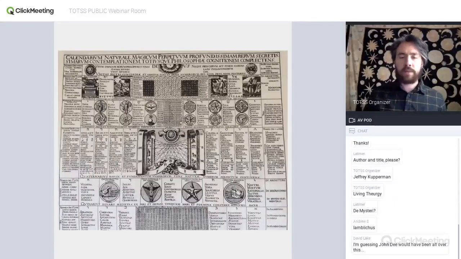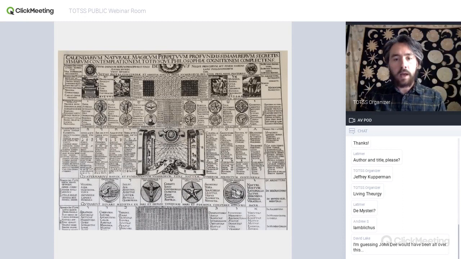As I was mentioning at the beginning, as the Renaissance is ending, the idea of correspondences is largely rejected in favor of what becomes the scientific materialist worldview. And when correspondence is rejected, this is when what we can really call an esoteric tradition is formed, out of a lot of the things that are rejected by the Reformation, Counter-Reformation, and the Enlightenment and the development of the scientific worldview.